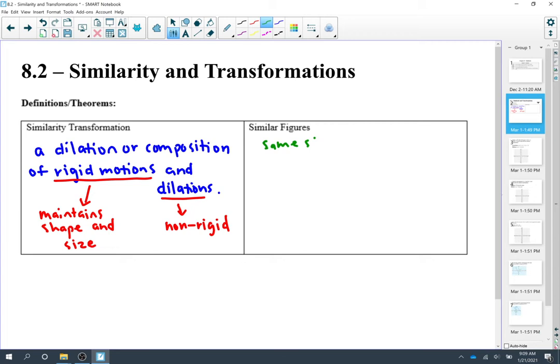Now, more importantly, if figures are similar, then a similarity transformation exists that maps one figure onto the other.